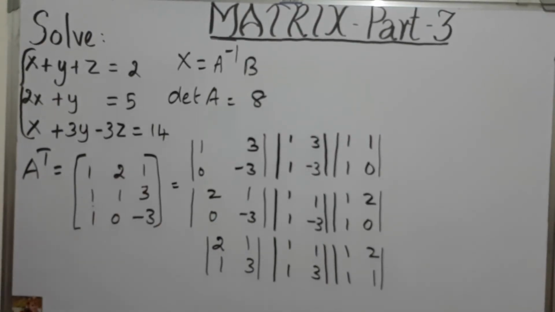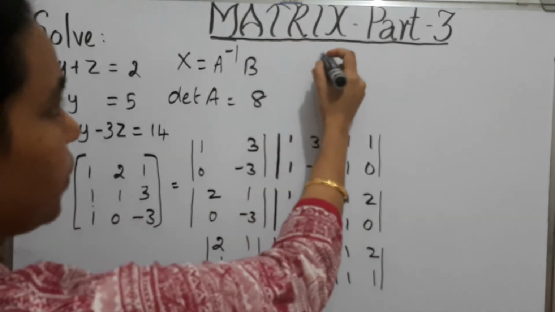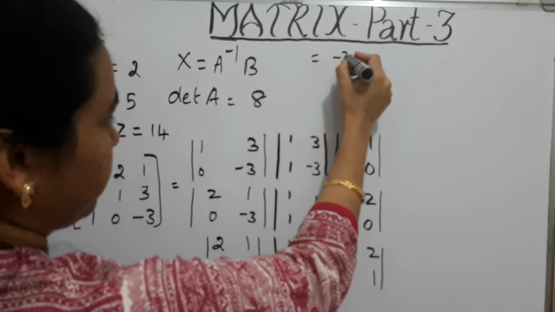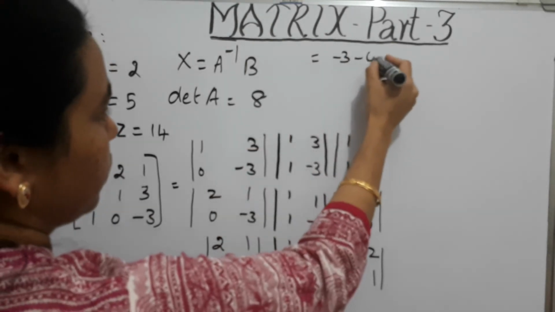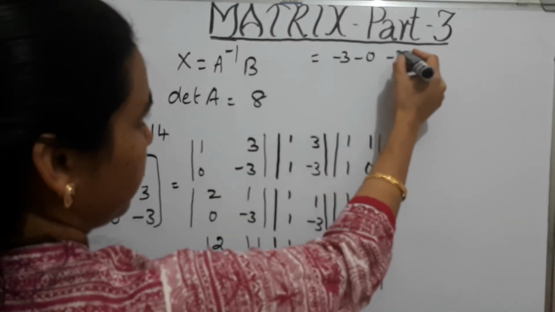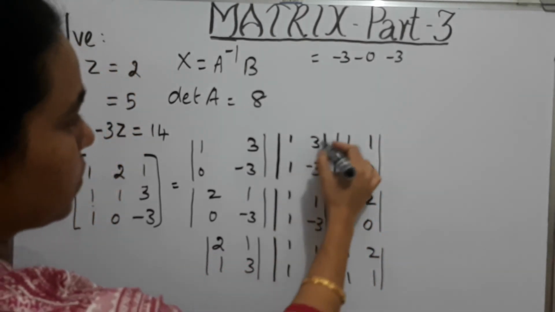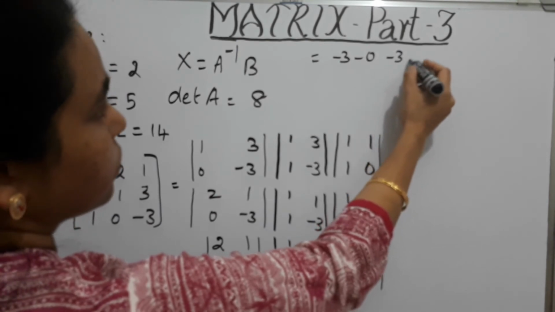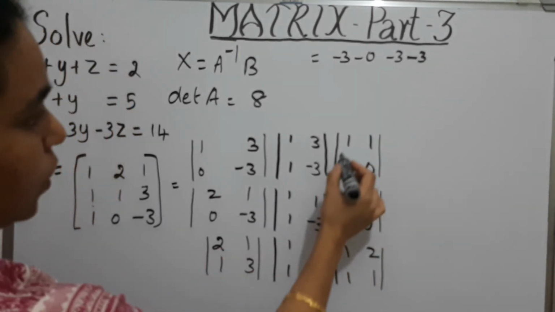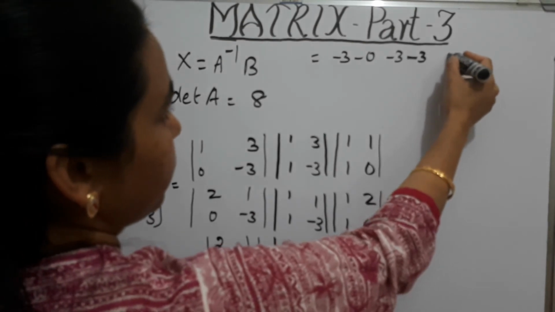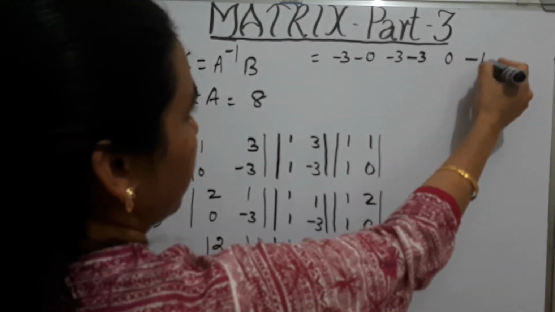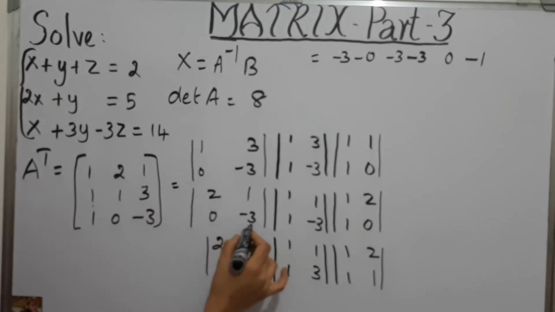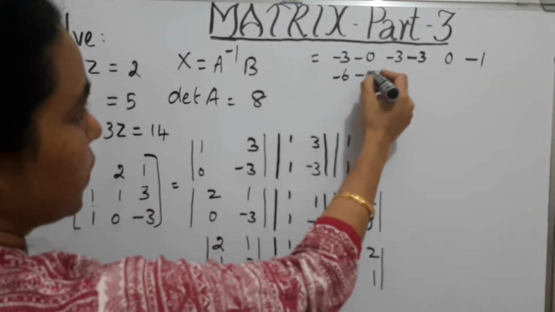Now we can simplify these determinants. Here this is 1 times minus 3 is minus 3, minus 0. And 1 times minus 3 is minus 3. And 1 times 3 is 3. Minus 3. So 1 times 0 is 0, and this is minus 1. And this determinant is 2 times minus 3 is minus 6, minus 0.